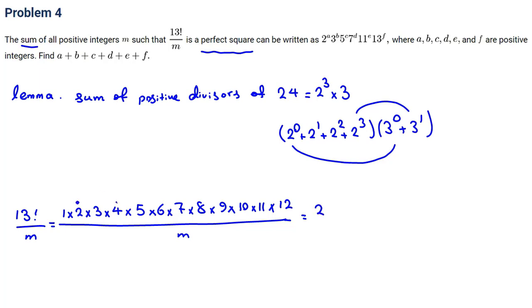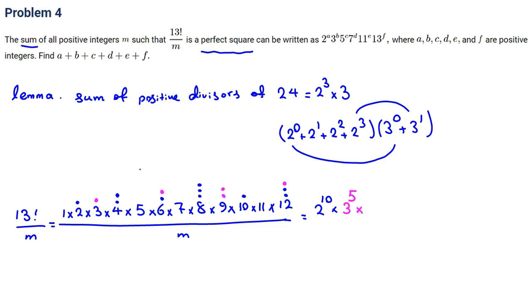Let me erase 12. So it is 2 to the what? 2 has 1, 4 has 2, 6 has 1, 8 has 3, 10 has 1, 12 has 2. So 1, 2, 3, 4, 5, 6, 7, 8, 9, 10. It is 2 to the 10. Now let's focus on the power of 3. 3 has 1, 6 has 1, 9 has 2, and 12 has 1. So it will be 3 to the power of 5.